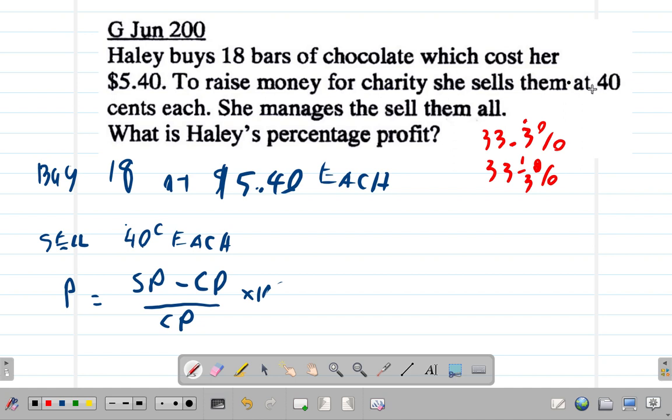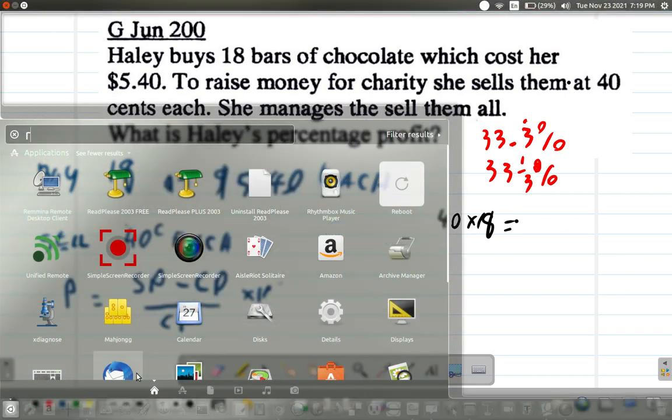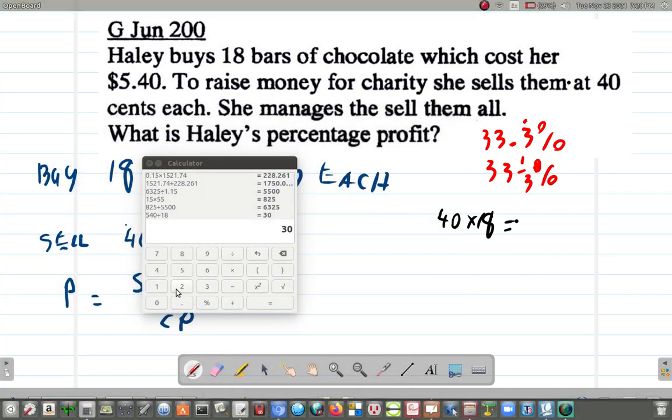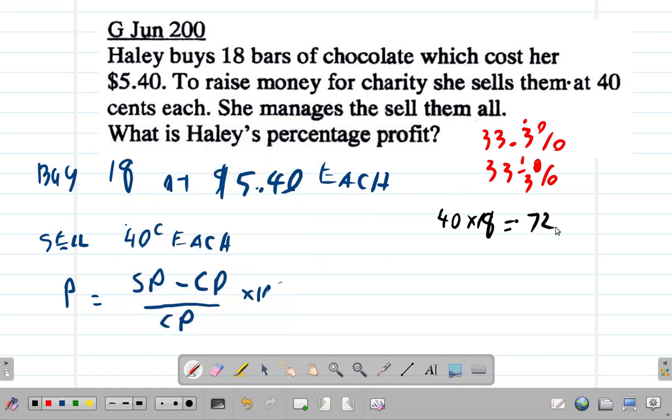Selling them at 40 cents each would be 40 times 18. That's 40 cents multiplied by 18. And if you do that, you have 40 times 18 equals 720 cents, which is the same as $7.20 when you divide by 100.